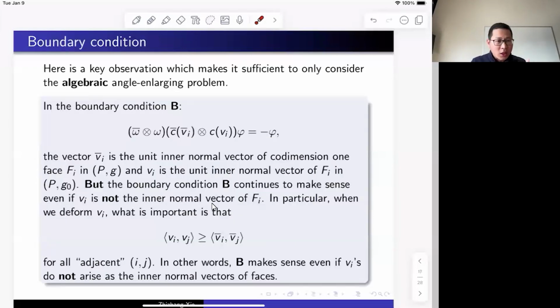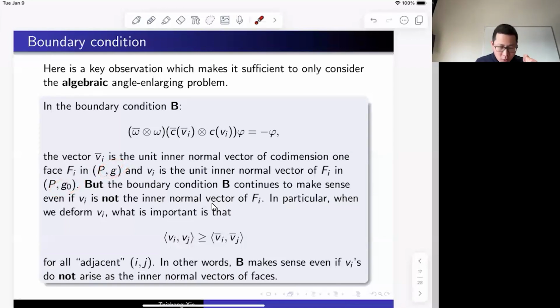So here's the key observation. Remember in this index theorem, there's a boundary condition. Let me write it down again, where Vi are the inner normal vectors of faces, right? And this is the inner normal vector of the faces according to the 2 different metrics.